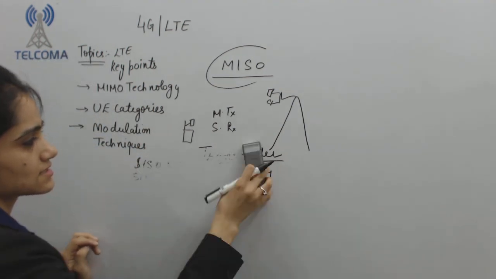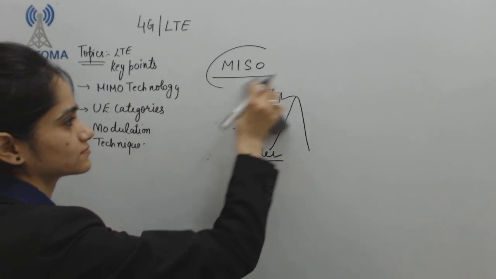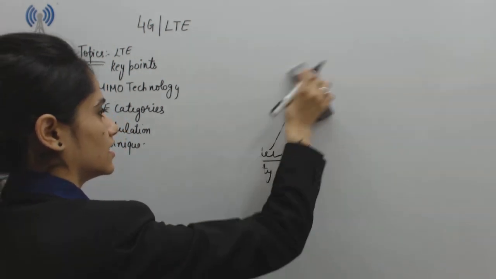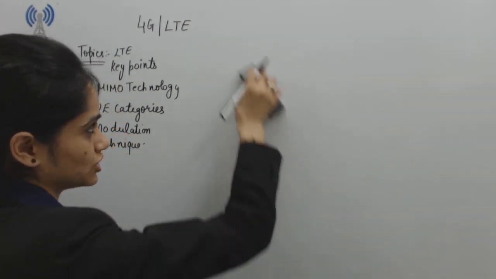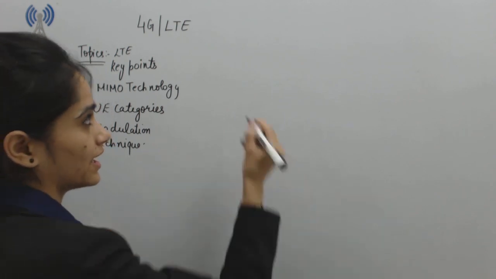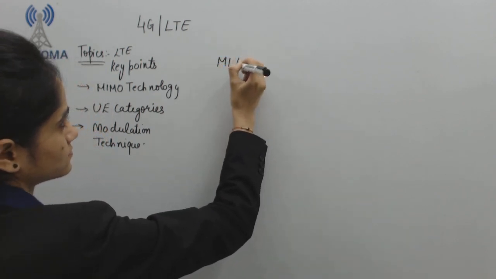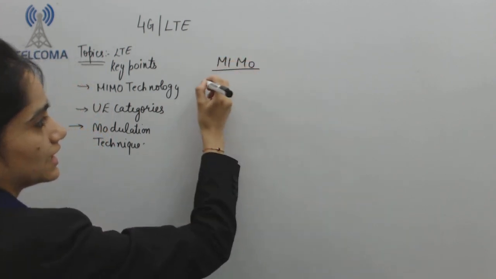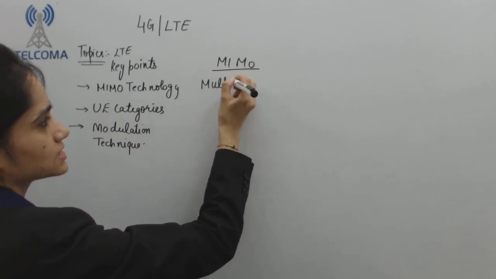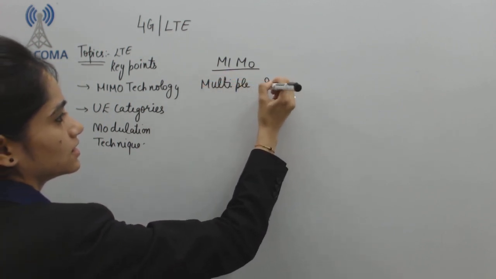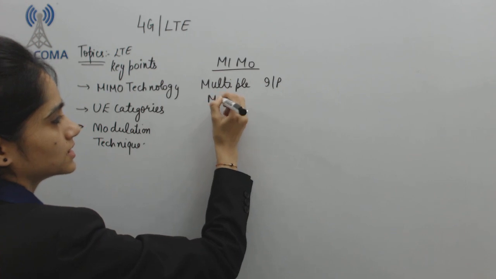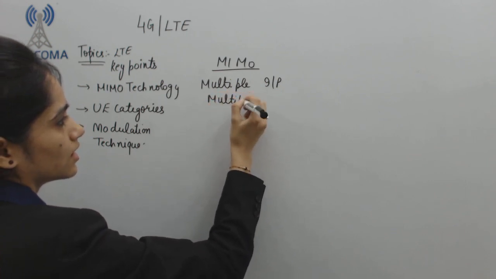Now next is the technique which is used by 4G, and it is MIMO. MIMO is multiple input, multiple output.